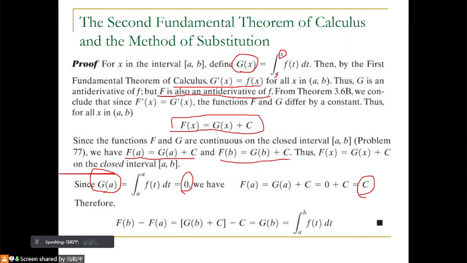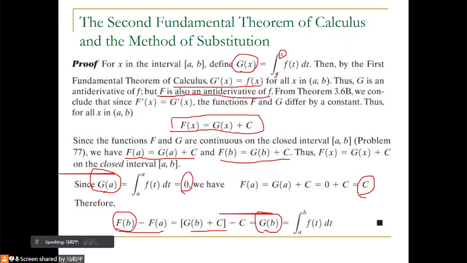From this equation, F(b) is equal to G(b) plus C. So we write F(b) minus F(a) is equal to G(b) plus C minus C, since F(a) is C. So this is equal to G(b).